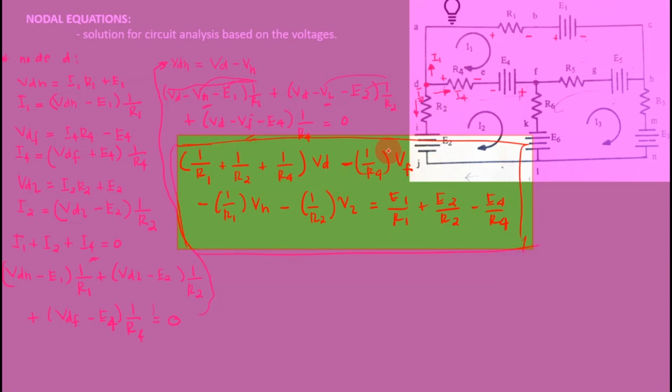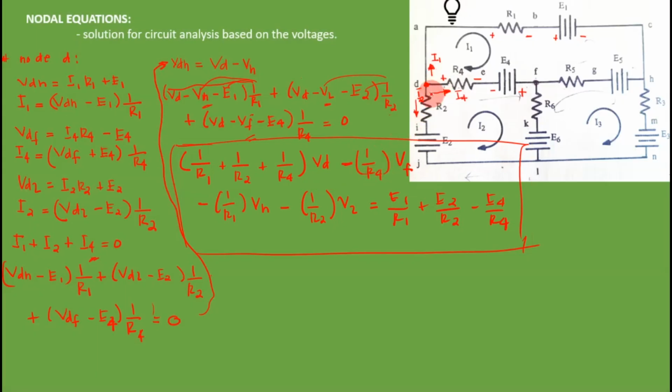So what do you notice? You notice that at a node to which the branches are attached, for example in this case R1, R4, and R2, you just add the inverses of all the resistors attached to this node.